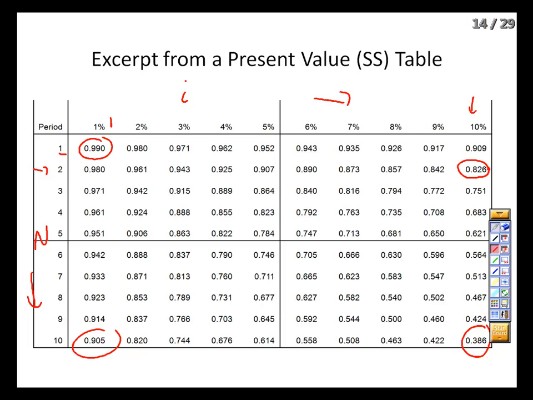Why don't you take a moment now to pause the recording, open up an Excel spreadsheet or whatever program you use, and verify this for yourself. In cell A1, put $38.60. In A2, put equals A1 times 1.1.